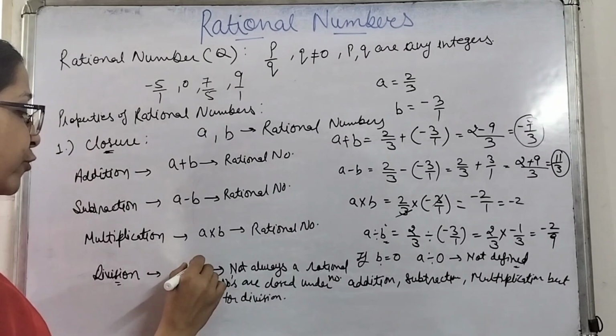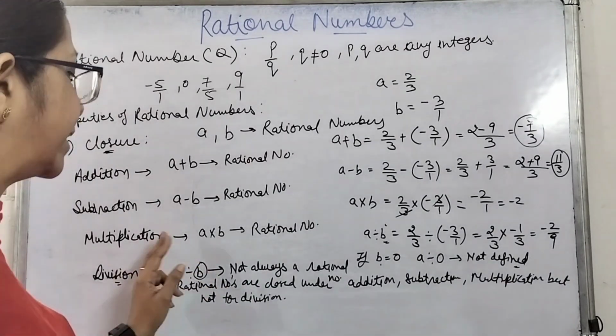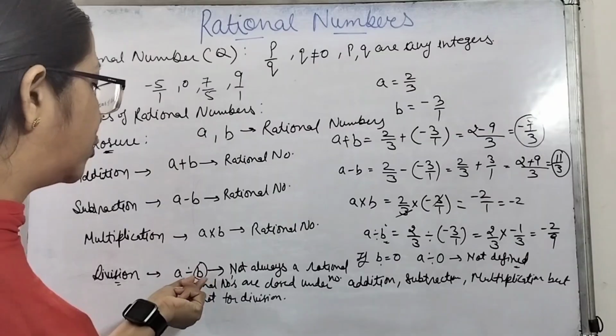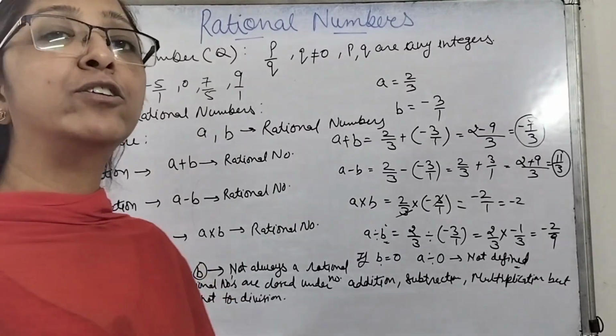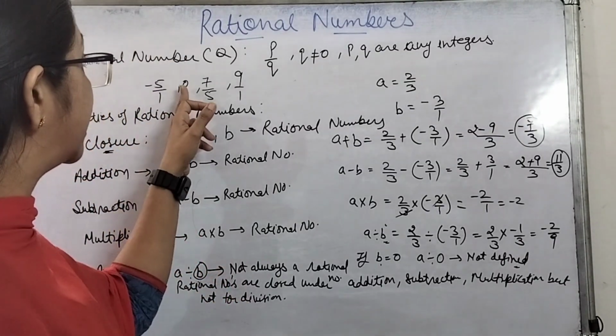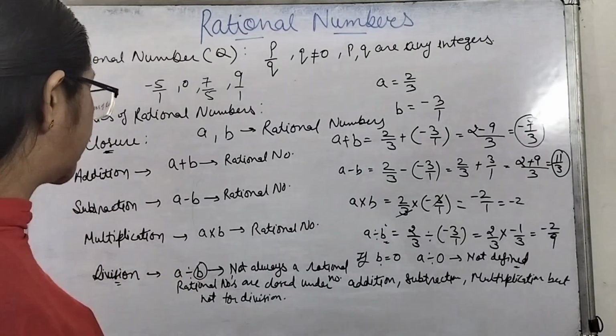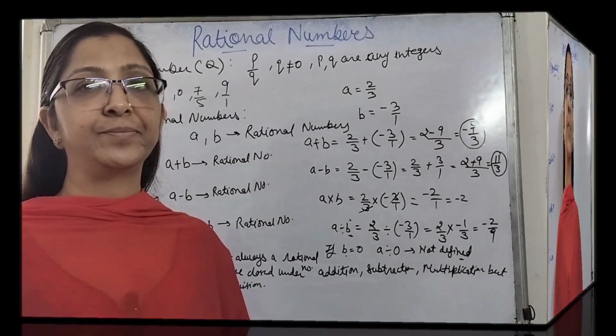If the value of B is non-zero, then it will be closed for division also. But B could be 0 because A and B could be any rational numbers, and 0 is also a rational number. So we will say that rational numbers are not closed under division.